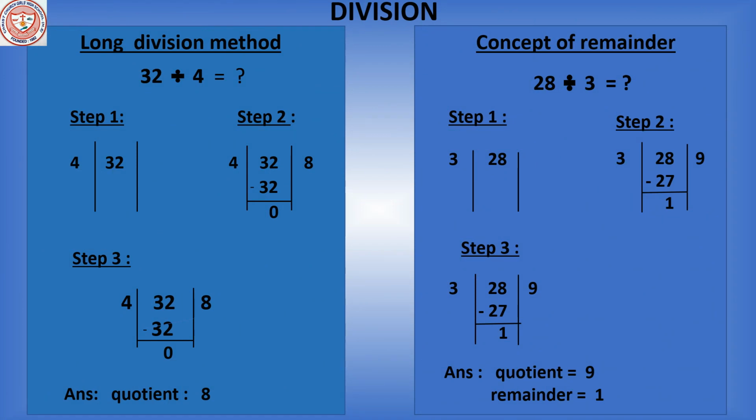And you have to subtract them till you get 0. That means 32 minus 32 is equal to 0. So, in this division, the quotient is 8 and the remainder is 0.